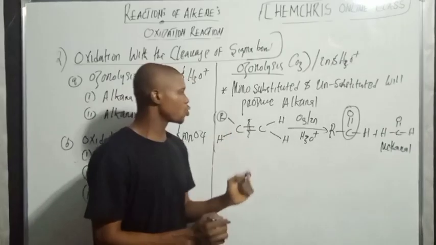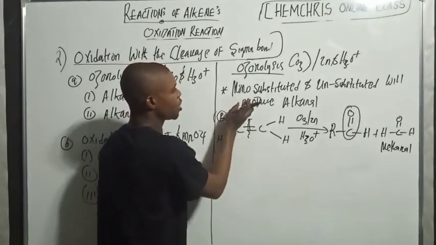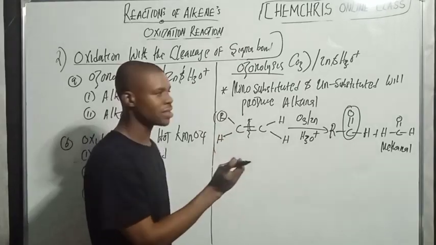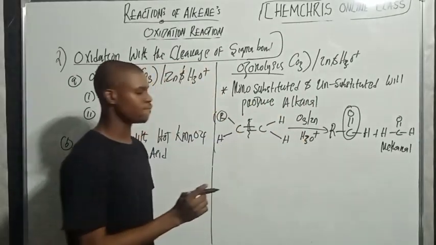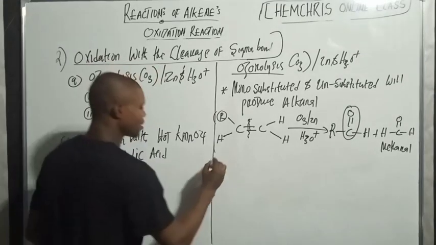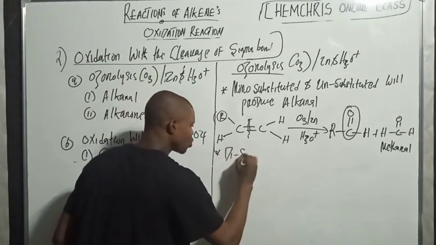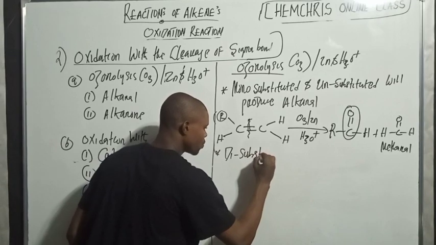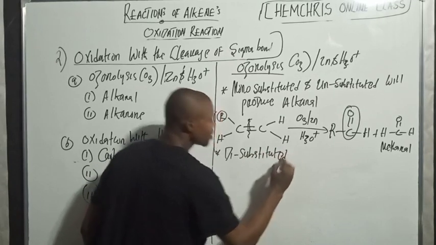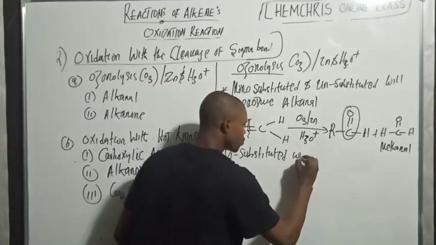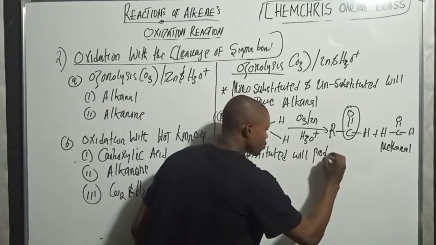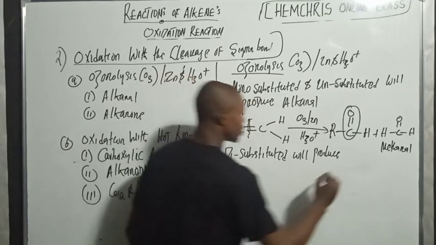Do you understand? So that is when the alkene is monosubstituted or unsubstituted. Now what about disubstituted? Disubstituted, we produce a ketone.